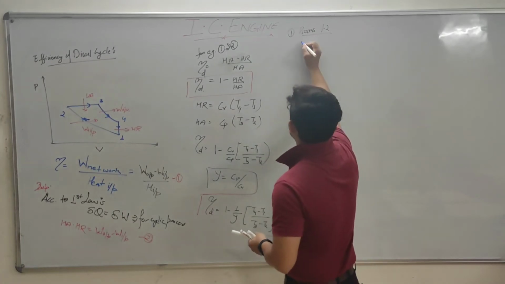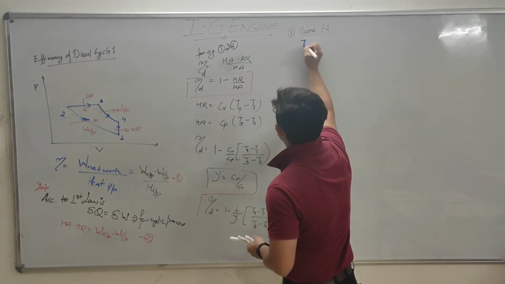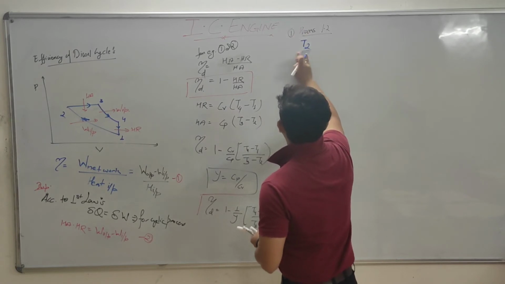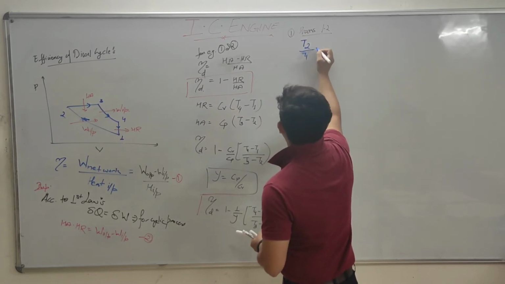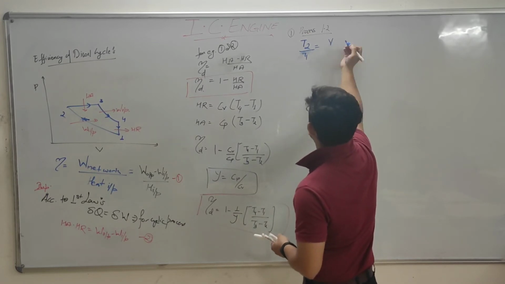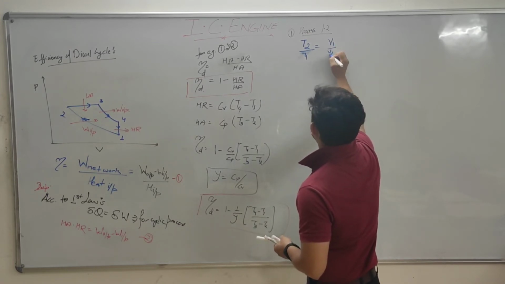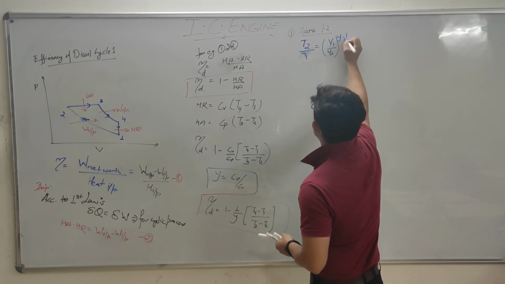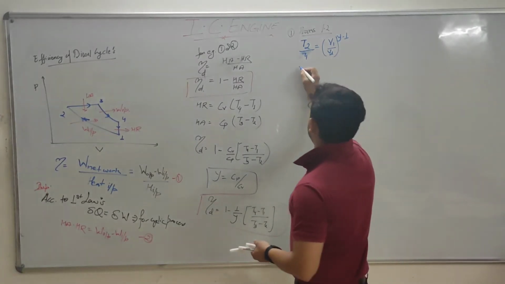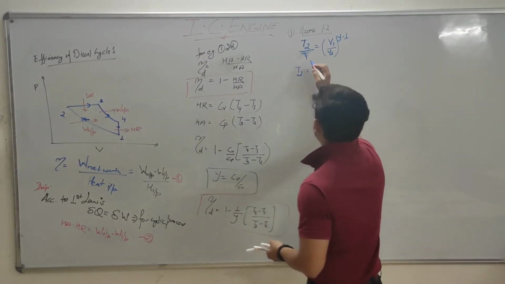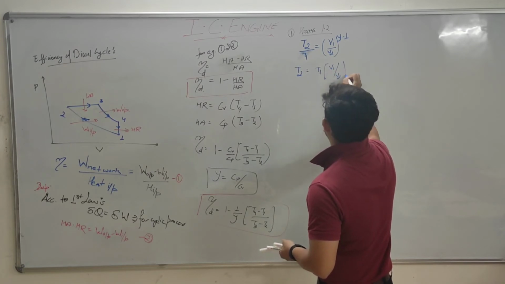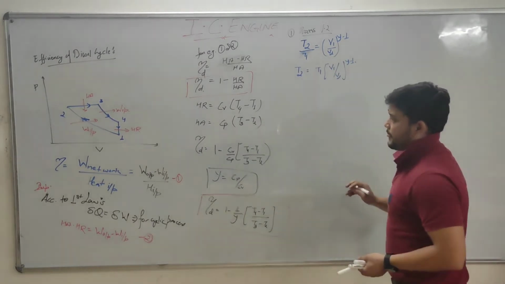For this, we can say that T2 upon T1 is equal to V1 upon V2 to the power gamma minus 1. This is true for adiabatic processes. So T2 is equal to T1 times V1 upon V2 to the power gamma minus 1.